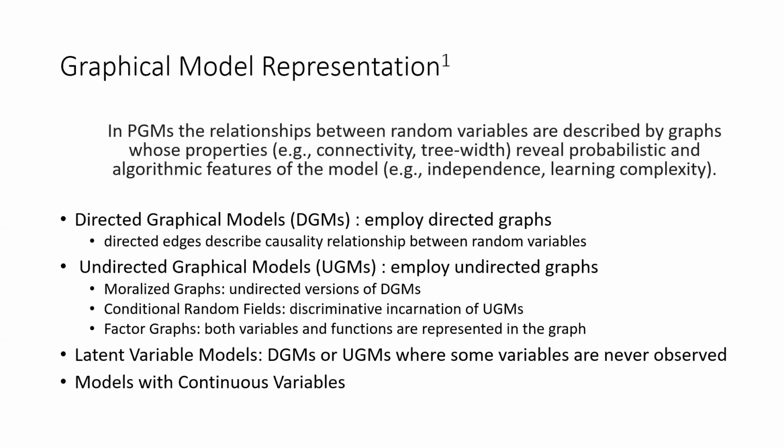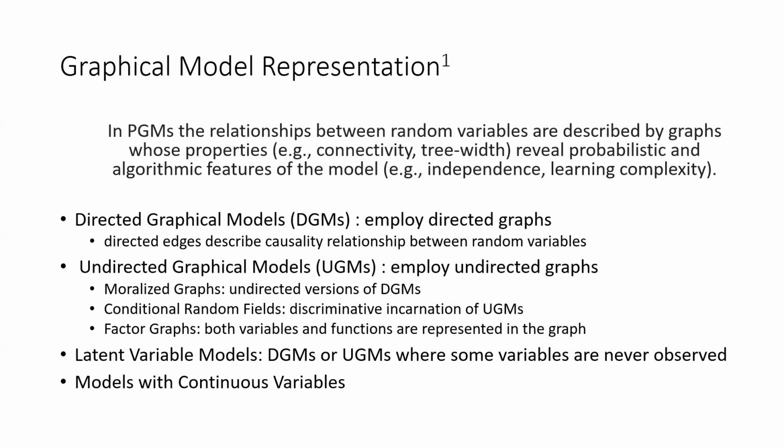So the two main categories are what are called directed graphical models, which employ directed graphs, and directed graphs describe causality relationships between random variables. That means that if I have a directed edge, the target depends on the source with a causal relationship, meaning the source is causing something related to the target variable.